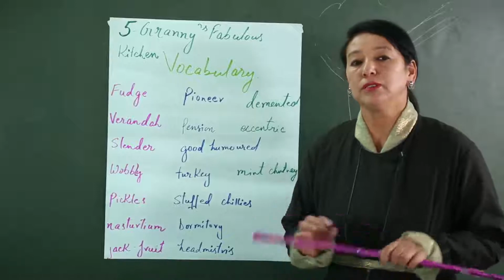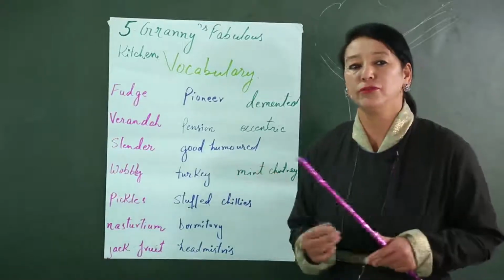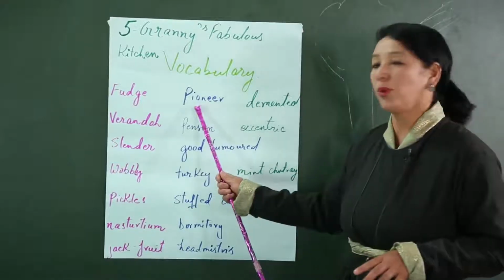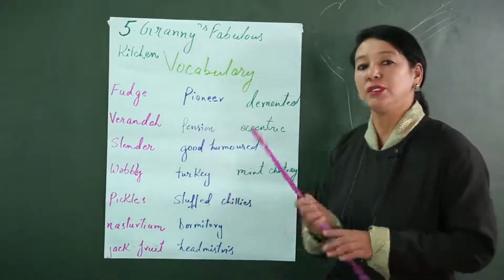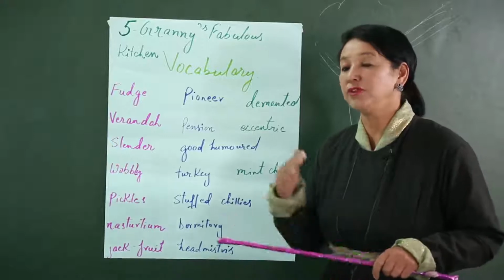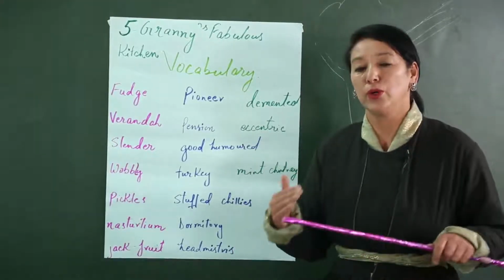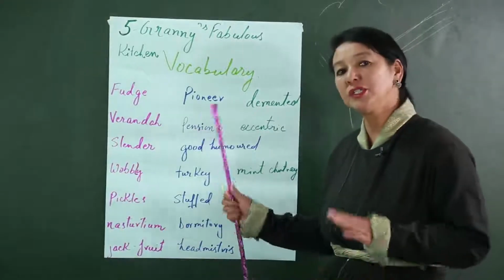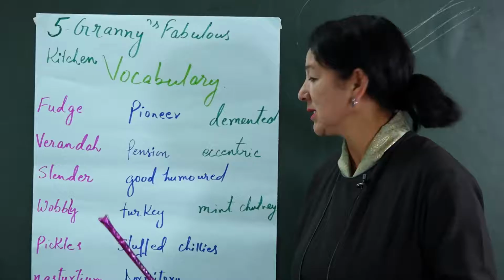Pioneer is a person who introduces anything for the first time, and after that it is continually used. That is the pioneer. Pension is the 50% of salary that employees get after retirement, and pension is possible only for government employees.